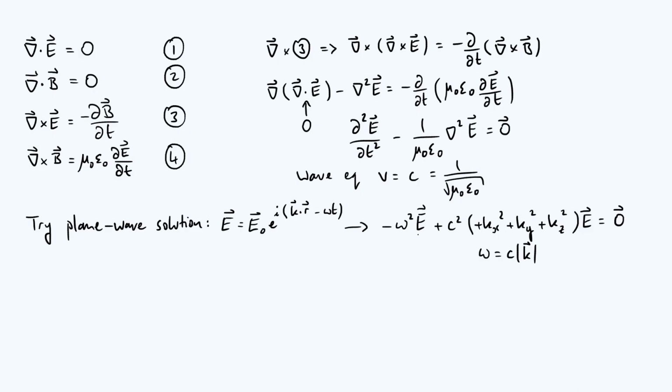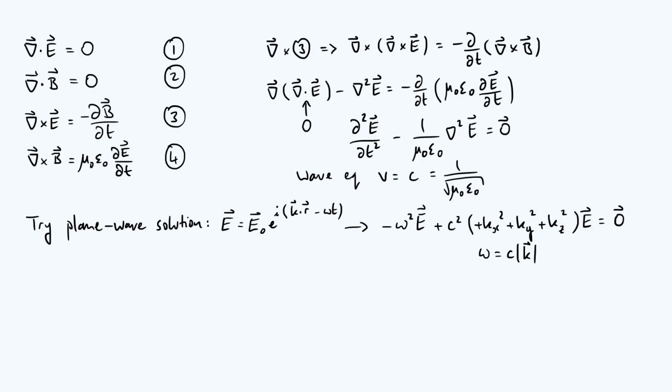That comes from square rooting all of this: if you square root k_x squared plus k_y squared plus k_z squared, you get the modulus of k, right? So we've derived from our wave equation the relationship between angular frequency and the size of the wave vector. So we've got our plane wave solution for the oscillating electric field.